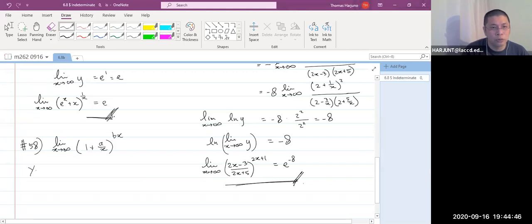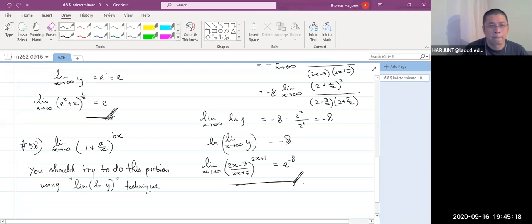You should try to do this problem using the limit law technique. Okay, you should try that using the limit law technique.